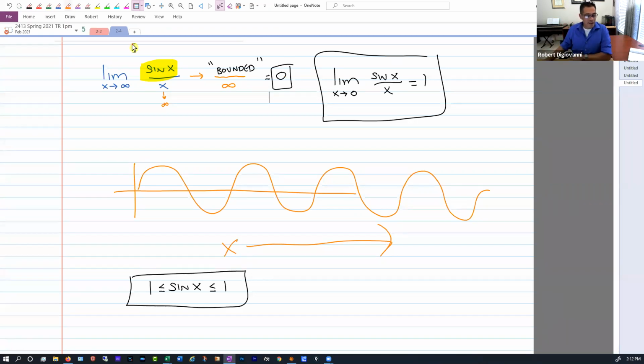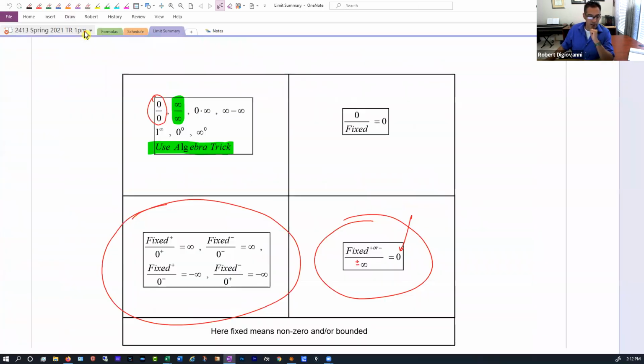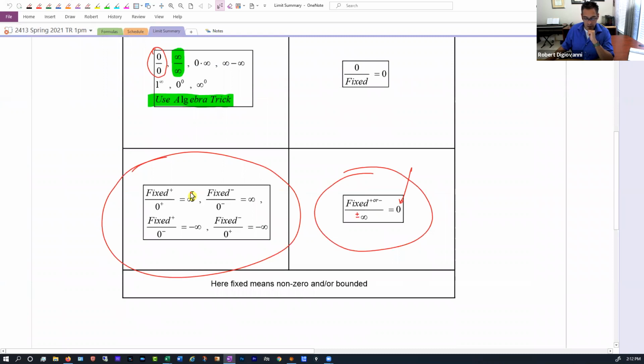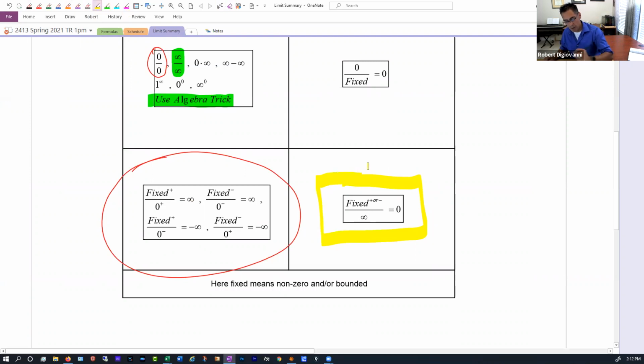So I'm going to go back to the summary sheet formula. Pay attention to this one right here in yellow. I say fixed, positive or negative, over infinity, the answer is 0.